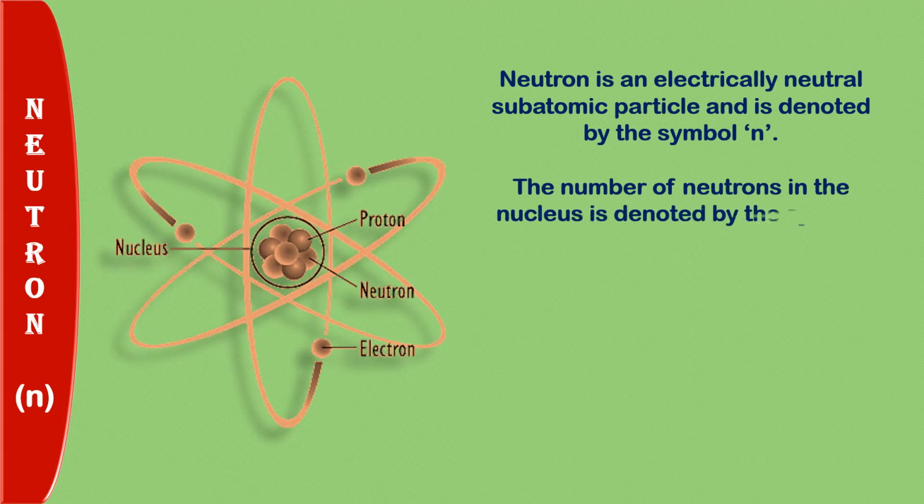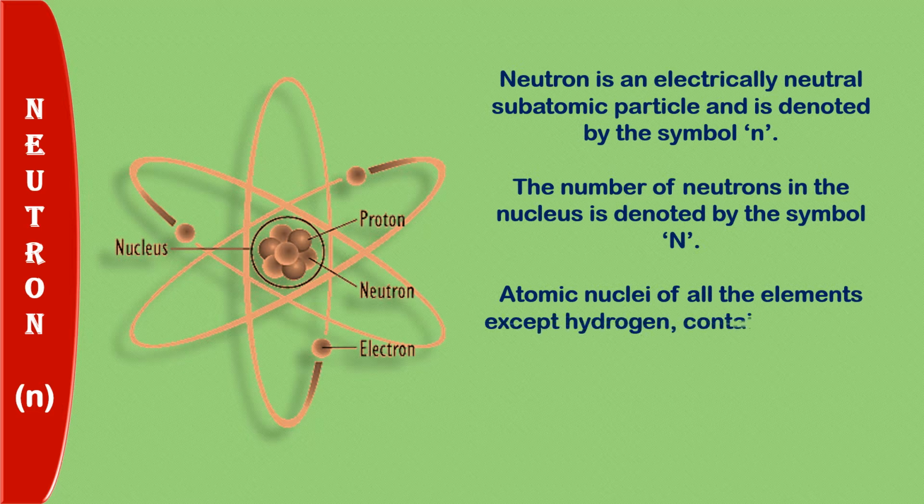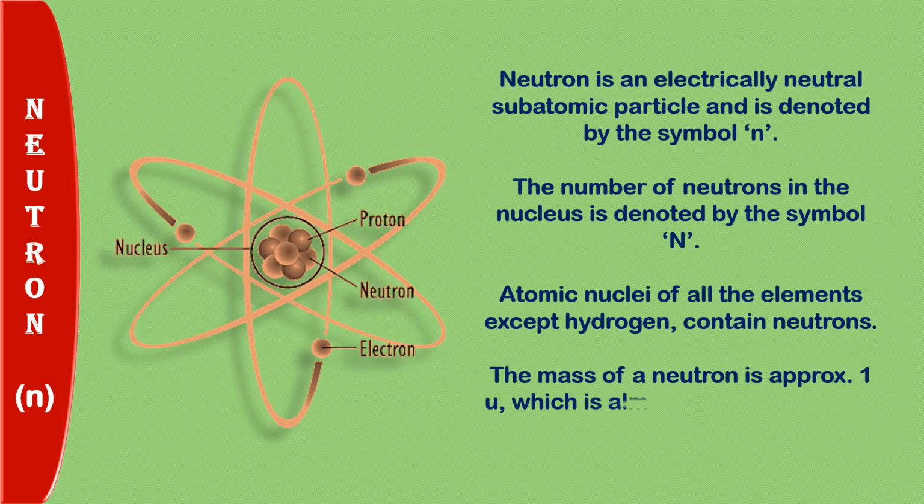The number of neutrons in the nucleus is denoted by the symbol N. Atomic nuclei of all the elements except hydrogen contain neutrons. So all elements have neutrons in the nucleus of their atoms except for hydrogen. Hydrogen has only one proton in its nucleus. The mass of a neutron is approximately 1 Dalton, which is equal to that of a proton.